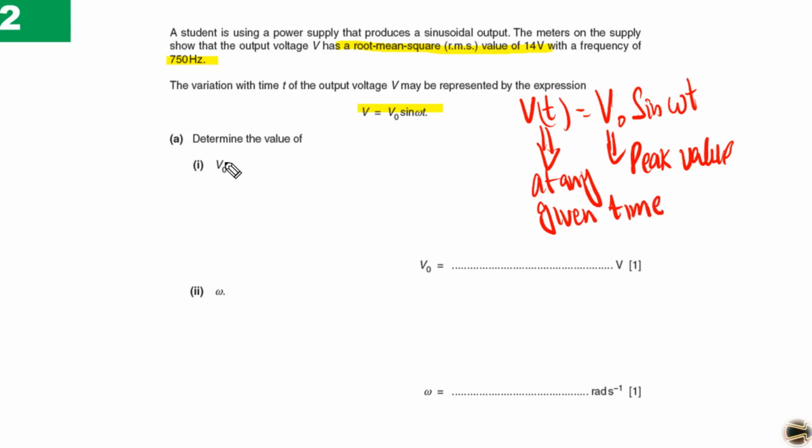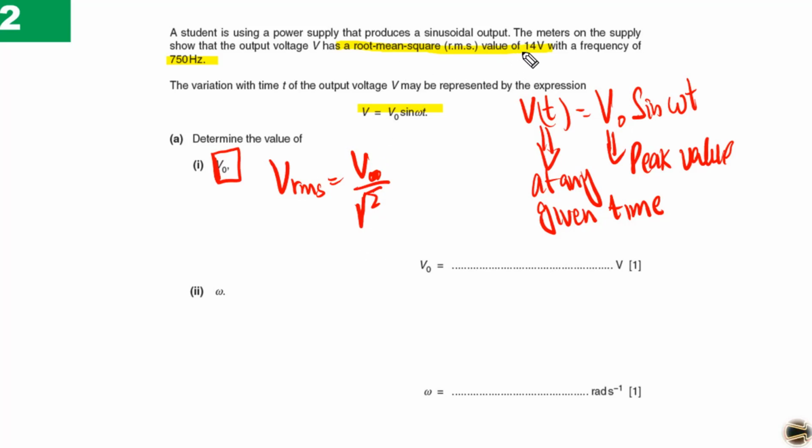Now, what is part A asking us? Part A is simply asking us to find the peak value of voltage. This is quite straightforward. Vrms is equal to peak value divided by root 2, and from here we can find the peak value.